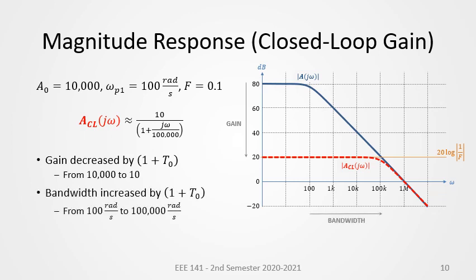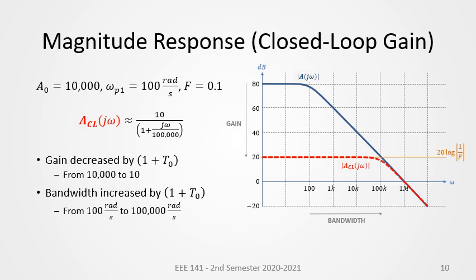Meanwhile, the bandwidth increased from 100 radians per second to 100,000 radians per second, which is also seen in the magnitude plot.